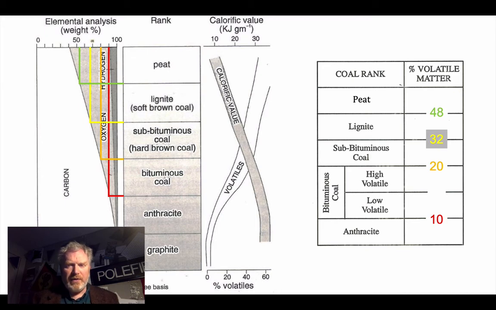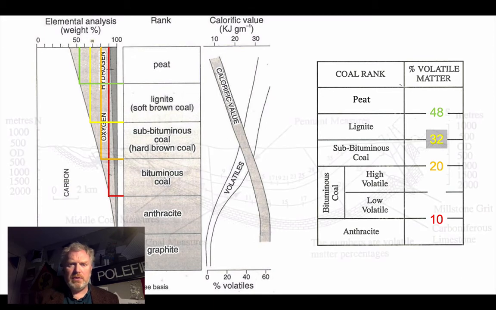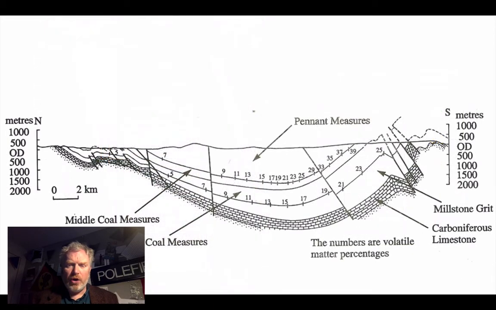So, having worked this out, we can then apply that to the coalfield itself. Because we can see, looking at these particular coal seams, that the percentage of volatiles in the coal is far from consistent.